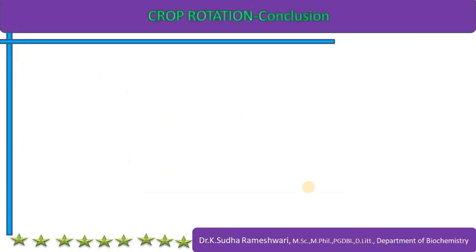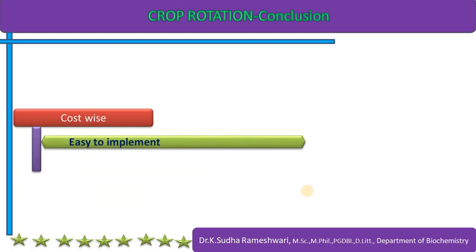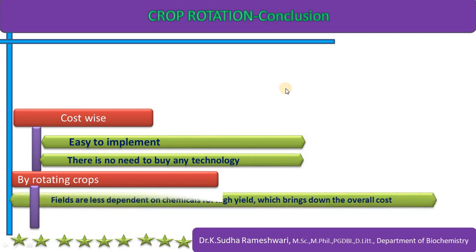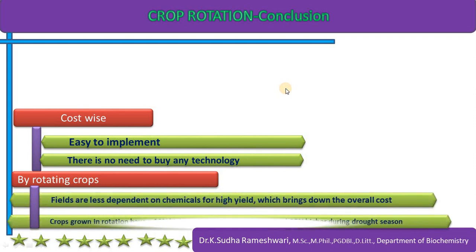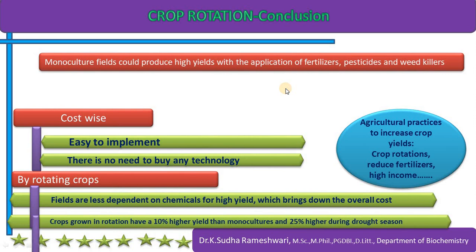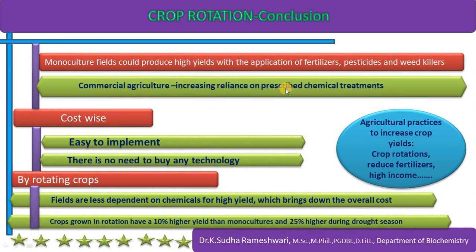Next we come to the conclusion of crop rotation. Crop rotation reduced in popularity in developed nations in the 1950s as a part of the discovery that monoculture fields could produce high yields with application of fertilizers, pesticides and weed killers.